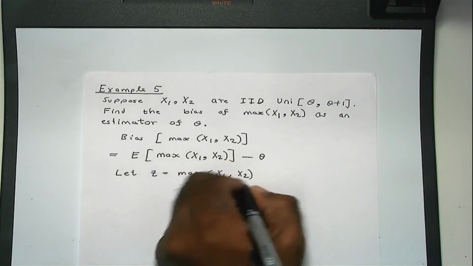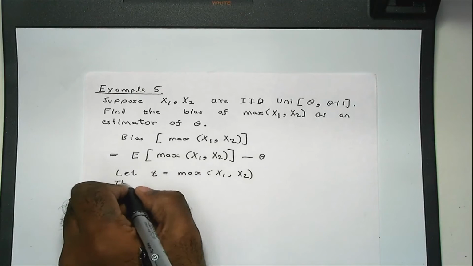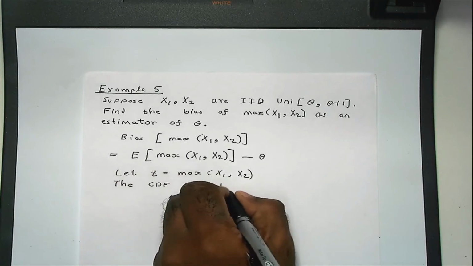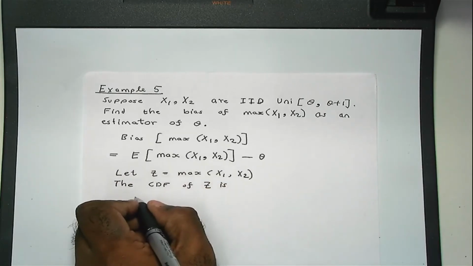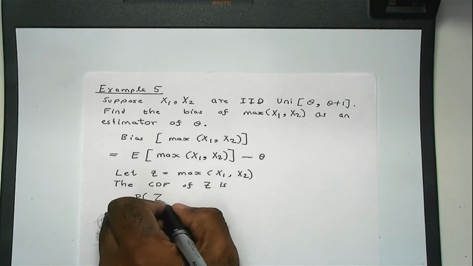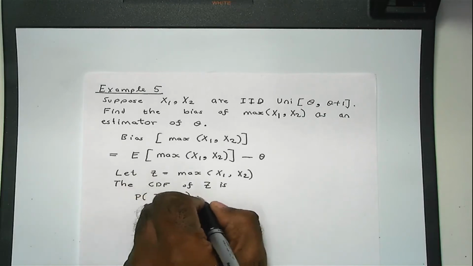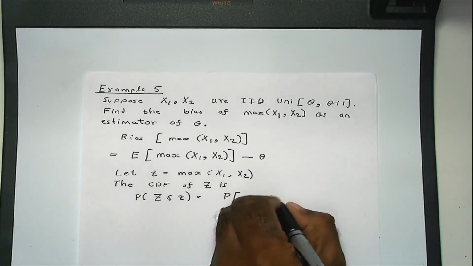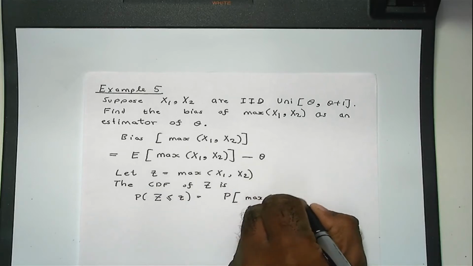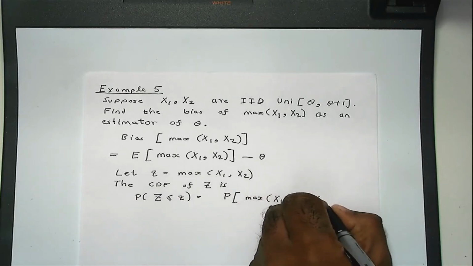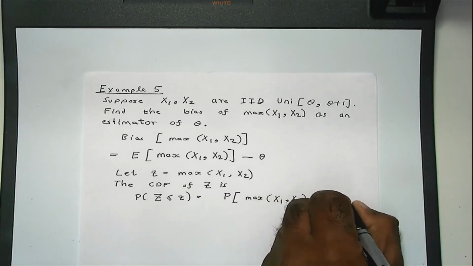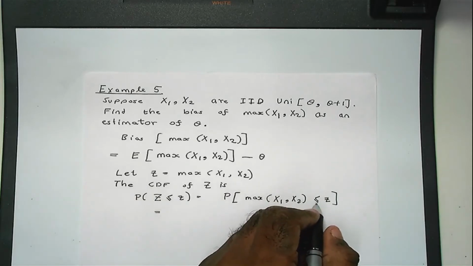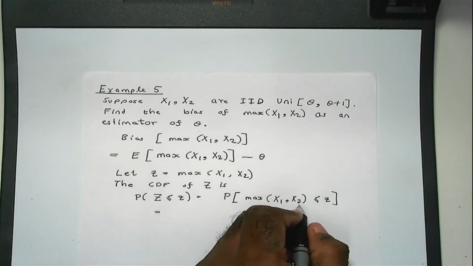Right? Then the CDF of Z is as follows. Okay, and this is the same as saying if the maximum is less than or equal to z, then each of these guys has to be less than or equal to z.